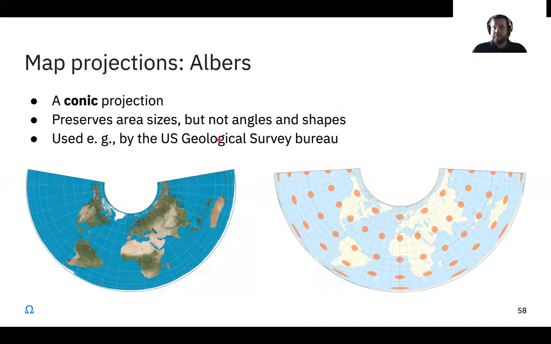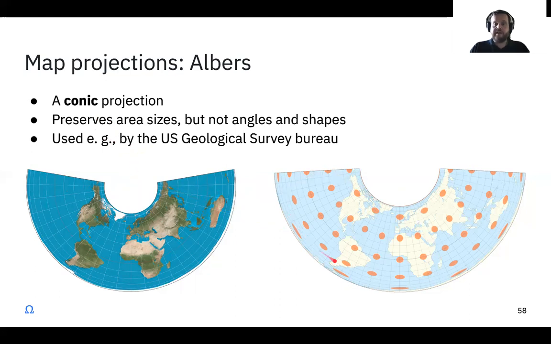Just for you to have a sense of the different ways to project the Earth, you can also use the Albers projection. I'm not saying that you should use it, but it's a possibility. That one is a conic projection, so you project the Earth on a cone, which has its peak towards the north, and it's nice in that it preserves area sizes.